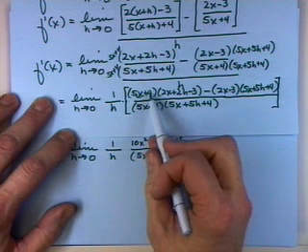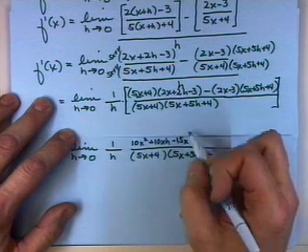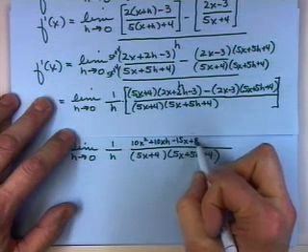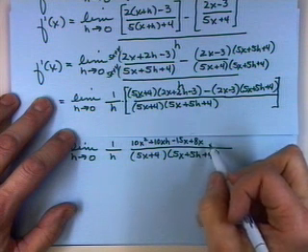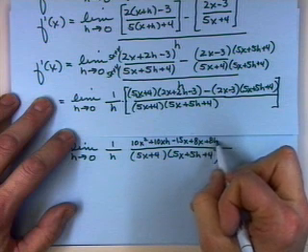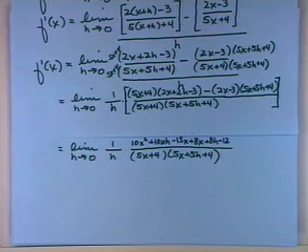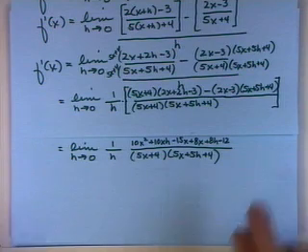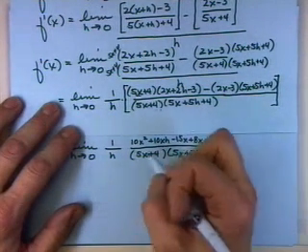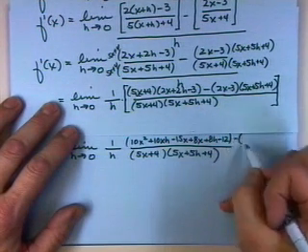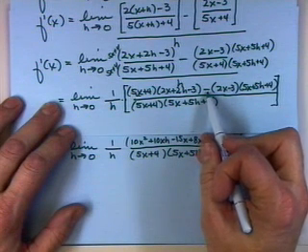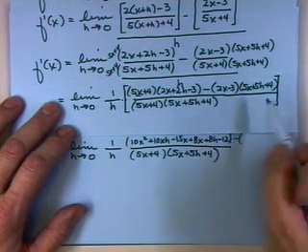Okay, now let's distribute the 4 to all three of these pieces. 8x plus 8h minus 12. Everybody all right with that? Algebra, right? This isn't calculus, but it's helping us get to a calculus answer. Just to keep track of my signs, I'm going to just keep that minus sign here and then subtract everything that follows later.